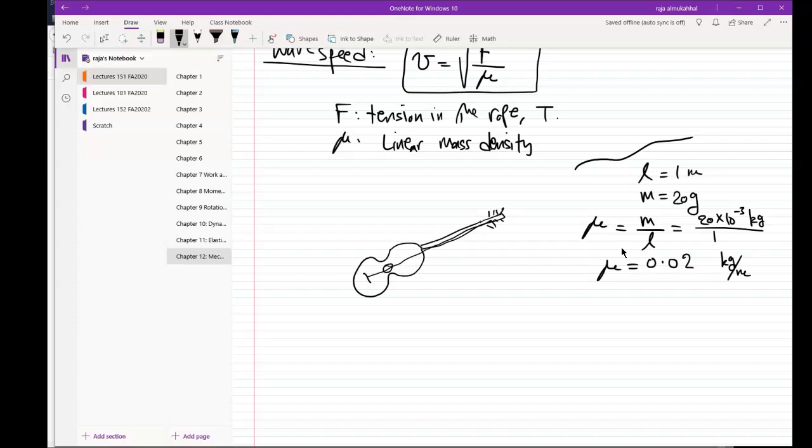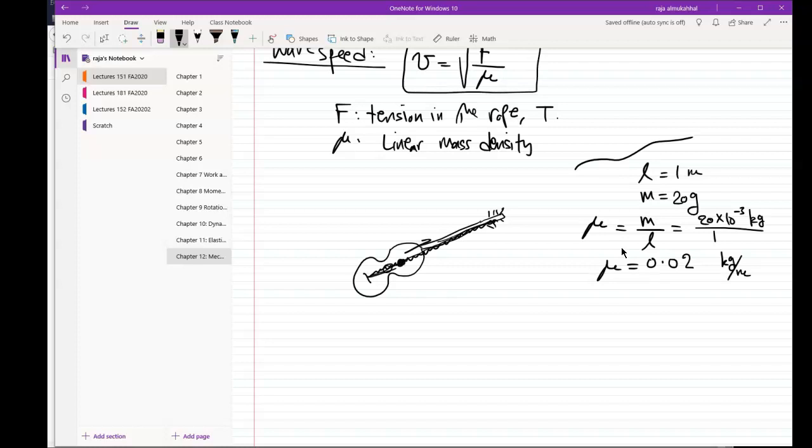And imagine that I pluck the string of the guitar in this location right here. What will happen is that a wave is going to travel all the way to the end here, and it will rebound. And the wave also is going to travel all the way to this end, and it's going to rebound.